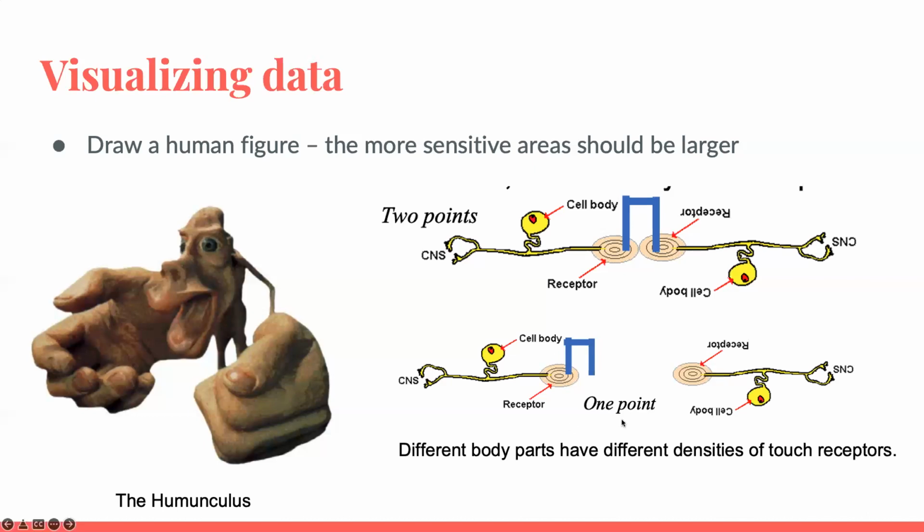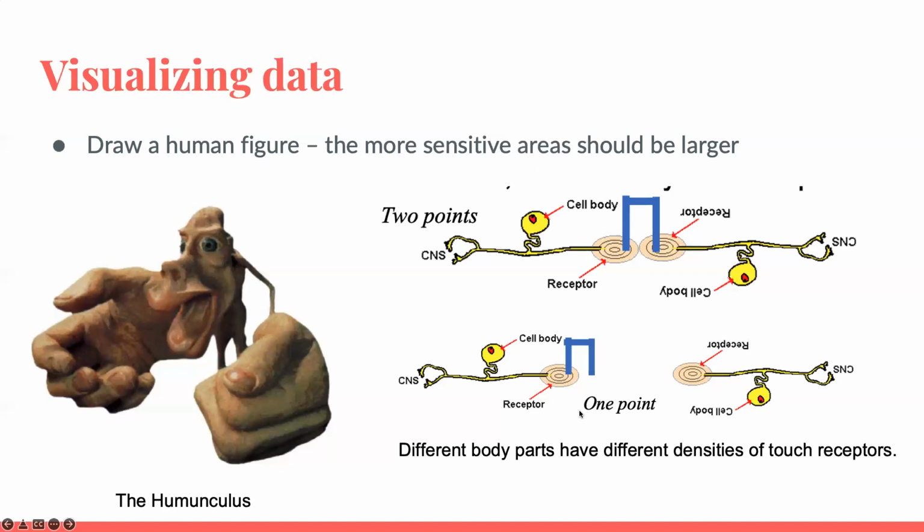However, on a different body part where you have less densely packed receptors, such as this one, the receptors are separated very largely, and only one part of your 2-point probe is being picked up, which means your body senses, oh, it looks like I'm just being touched by 1 point, because only one leg of the probe is being picked up.